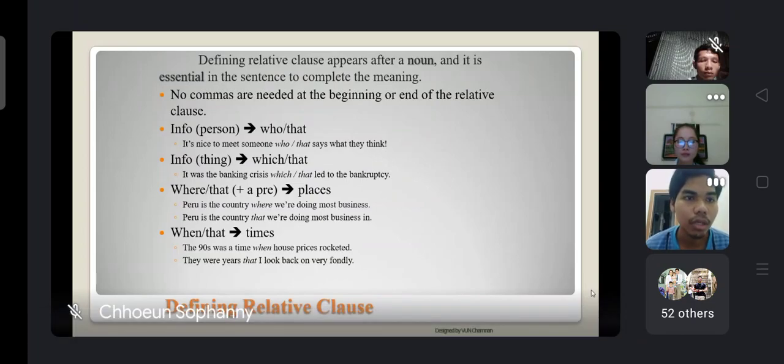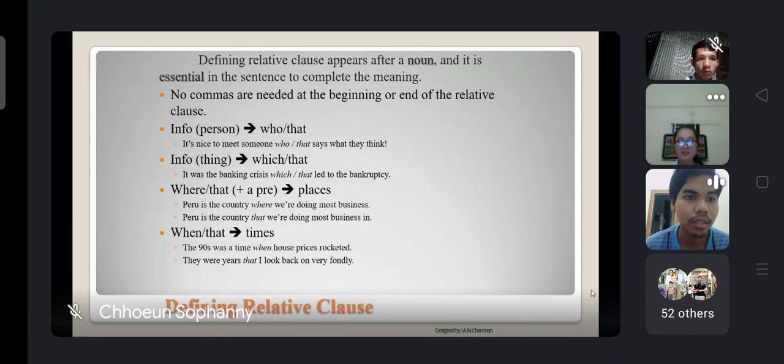When we want to talk about information about a person, we use who or that. For example, it's nice to meet someone who says what they think, or that says what they think. So who or that says what they think modifies someone, who is a person. And when we want to talk about a thing, we use which or that.